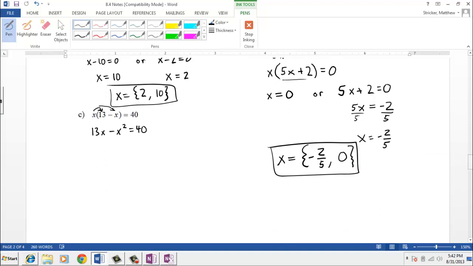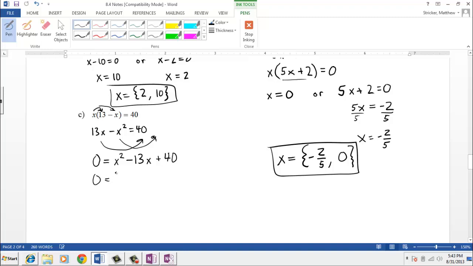And the way it is right now, this x squared is negative. So I'm thinking we should move everything over to the right-hand side, where the left will be 0. This negative x squared becomes a positive x squared on the right side. This positive 13x on the left becomes a negative 13x on the right. And this positive 40 was already over there, so it'll stay a positive 40.